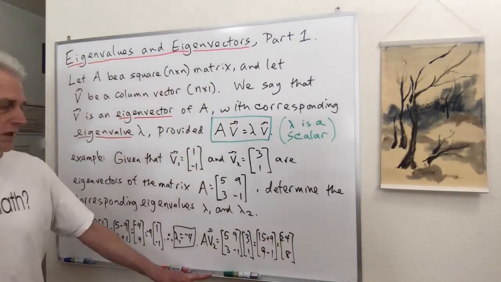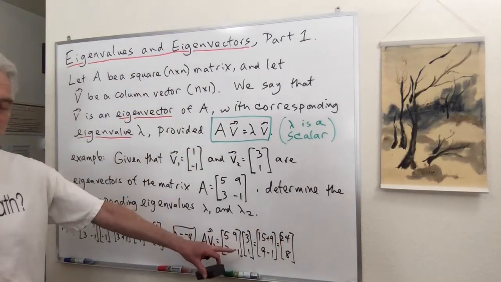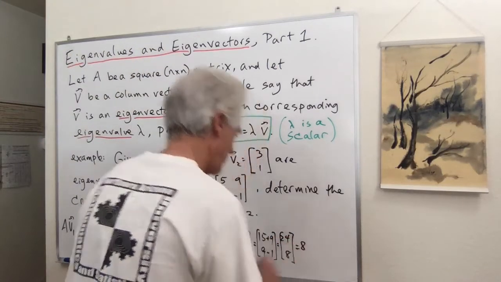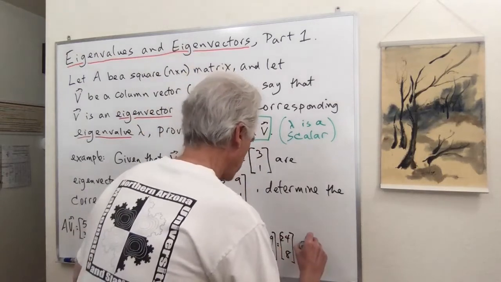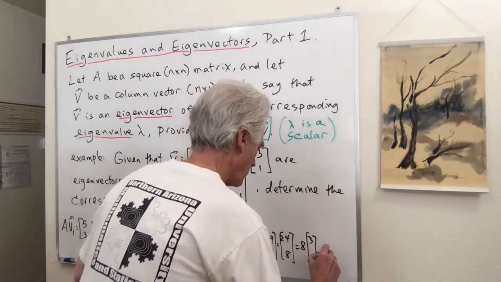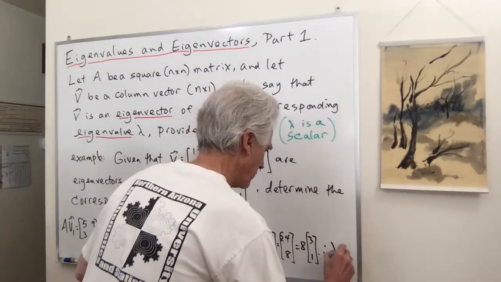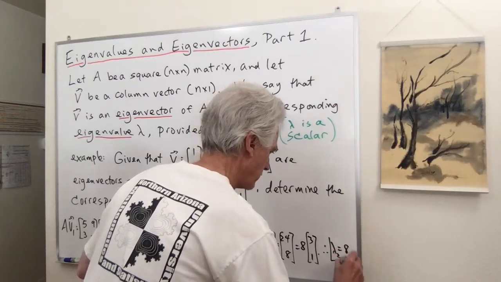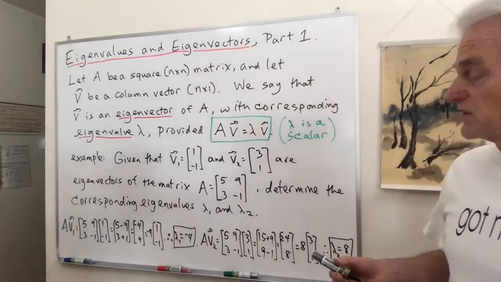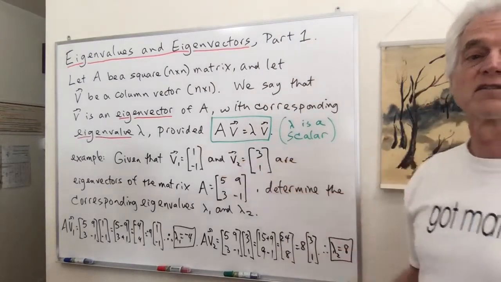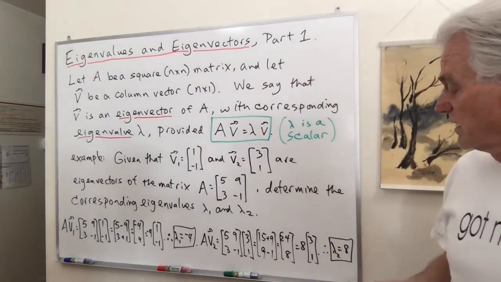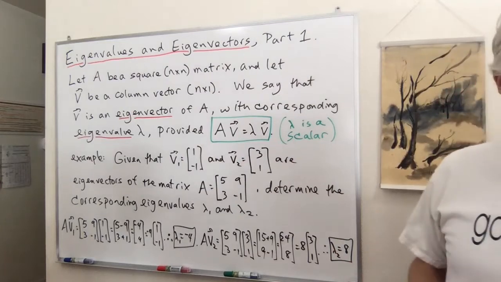Okay? And that is indeed a multiple of (3, 1). That scalar is 8. Therefore, lambda 2 is 8. Okay, so there's a few problems like that where they tell you what the eigenvectors are, and you've got to find the eigenvalues.